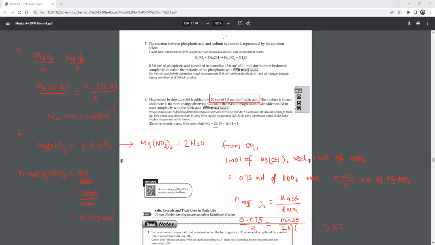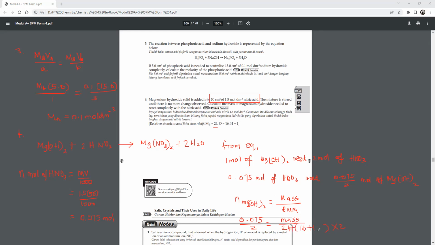I mean MgOH here. So 24 plus. MgOH2 is Mg 24, OH: O is 16, H is 1. 16 plus 1 times 2. 17 times 2, 34 plus 24.